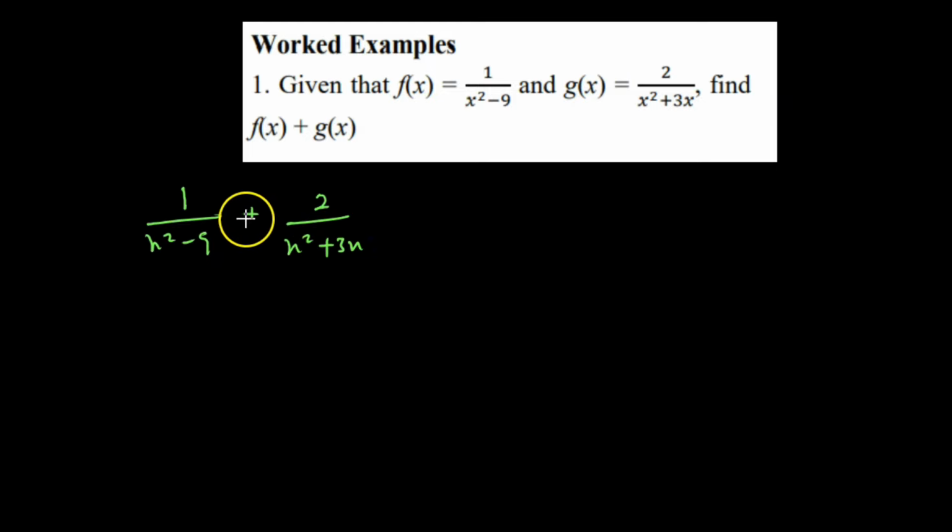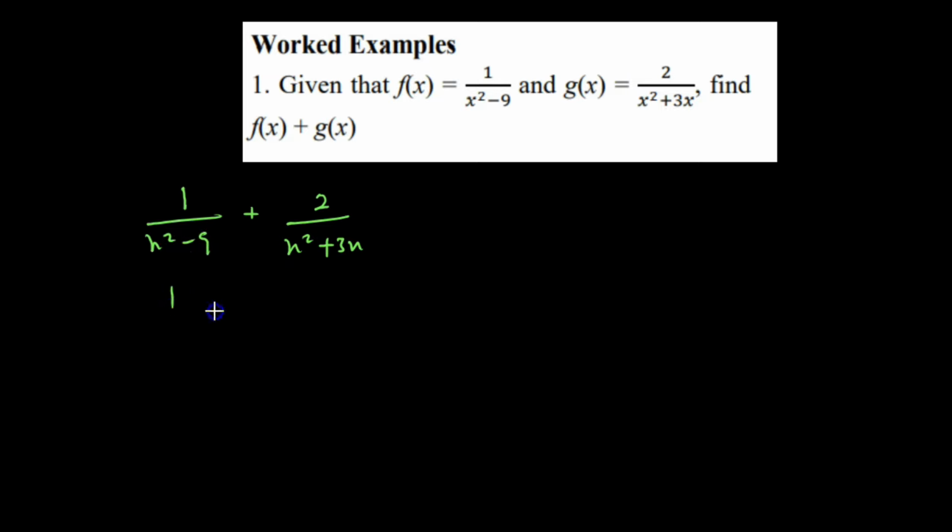If you want to find the LCM between two rational functions, it is always advisable to write the denominators in factor form so that you can easily select out the common factors and then the other uncommon factors. If you have some common factors, you select one of them, and then the uncommon factors, you just pick those and attach them to the common one you've already selected.